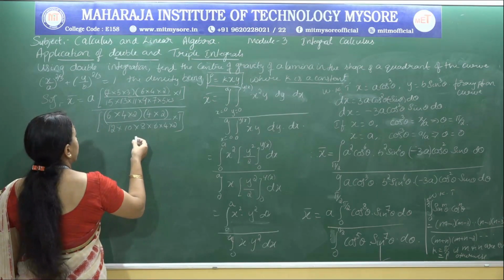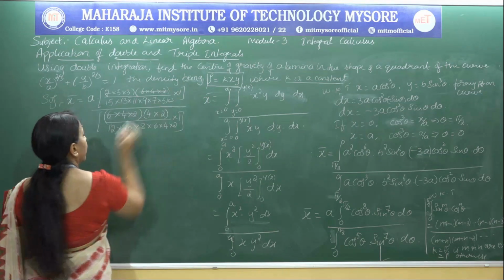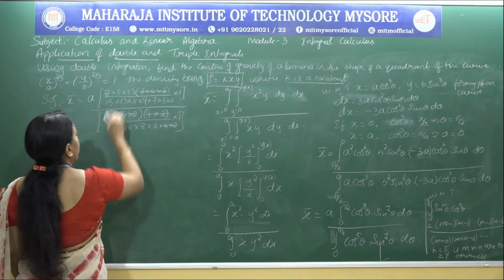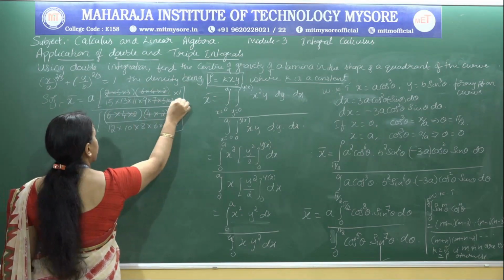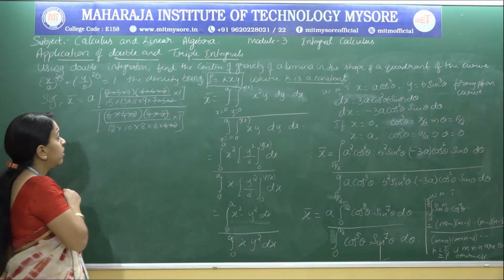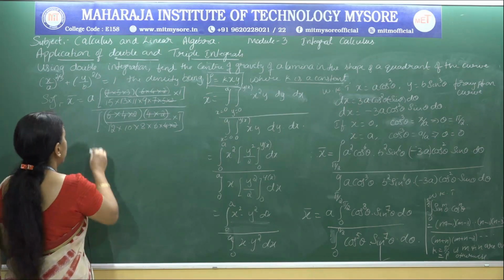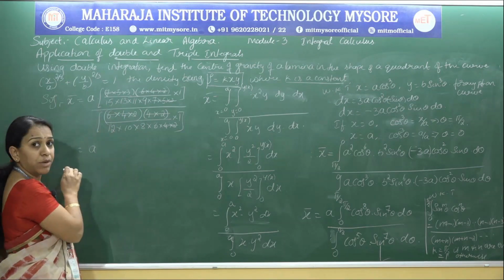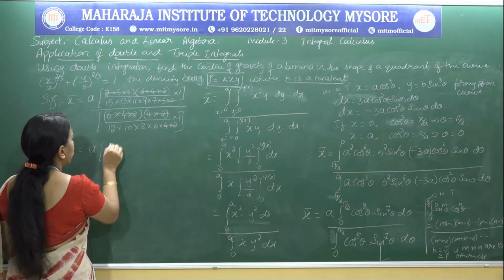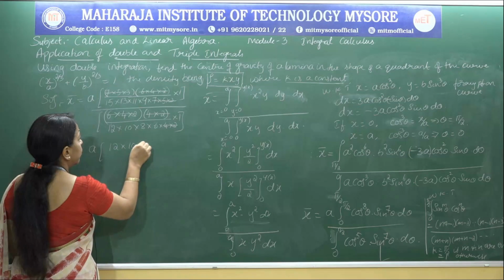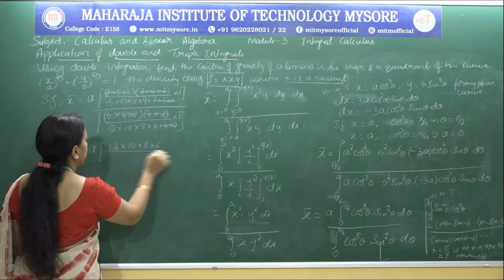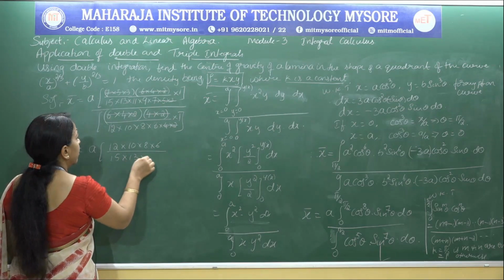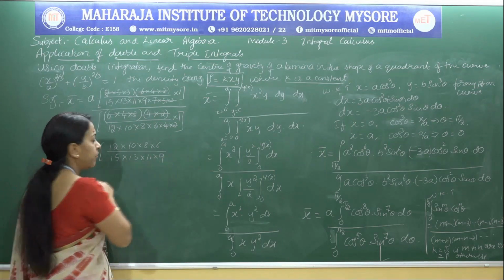So I can cancel here 6, 4, 2, and also I can cancel 4 into 2, and we can cancel 7, 5, 3, right. Now the remaining result is a into, this will go to the numerator and this to the denominator, that is a into 12 into 10 into 8 into 6 divided by 15 into 13 into 11 into 9.